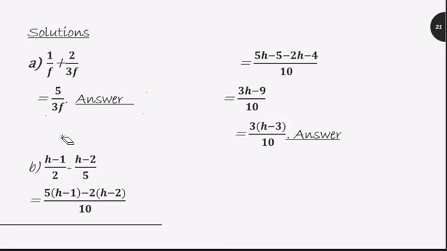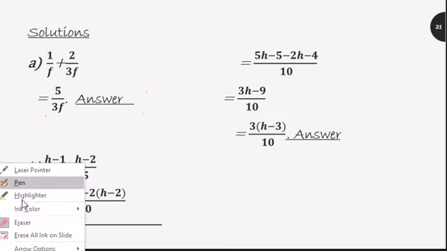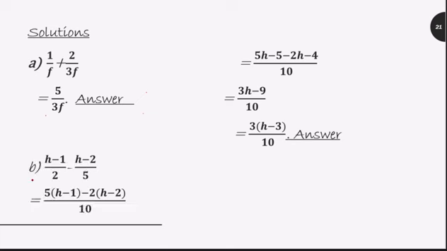Then here, the same procedures, common denominator first, and everything follows as you will be handling the letters one by one, and finally you obtain this at the end of the day.